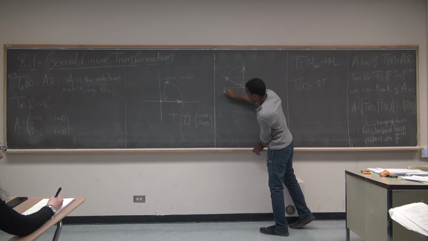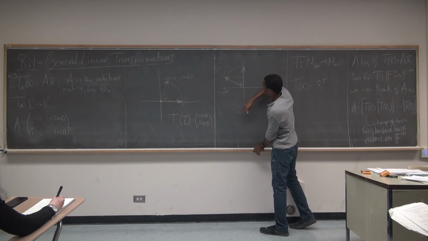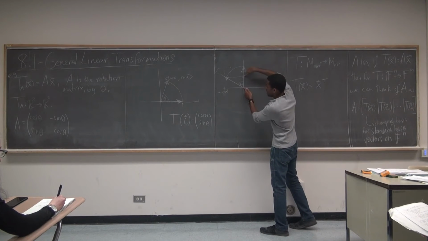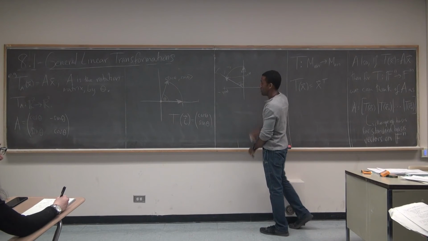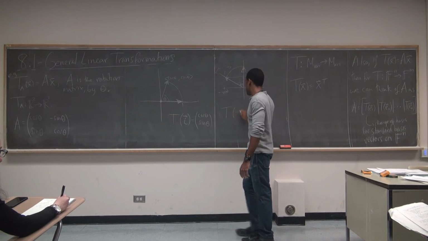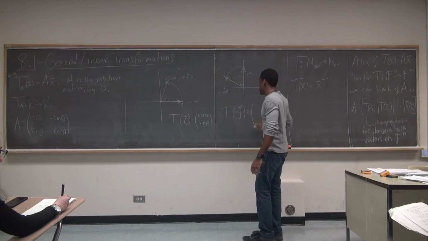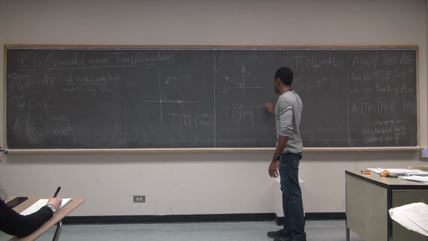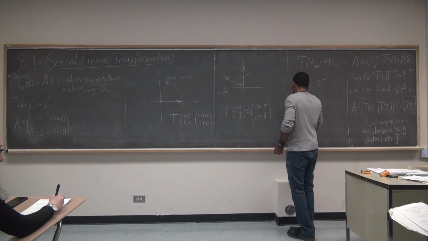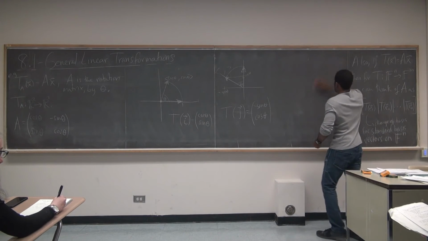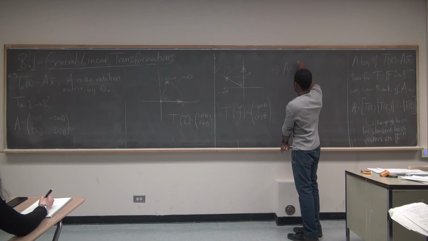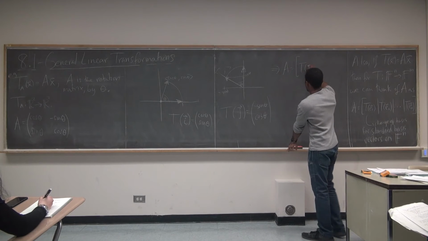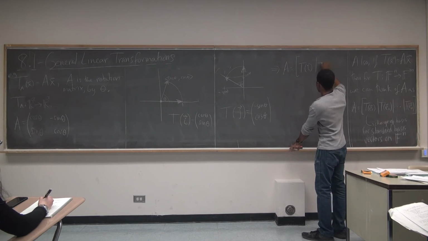So the x value would be the negative of sine theta, whereas the y coordinate would now be the cosine theta. And so I know that the transformation of the j vector would be the vector minus sine, cosine. And so now, together, these imply that my A is just the transformation of i, the transformation of j.